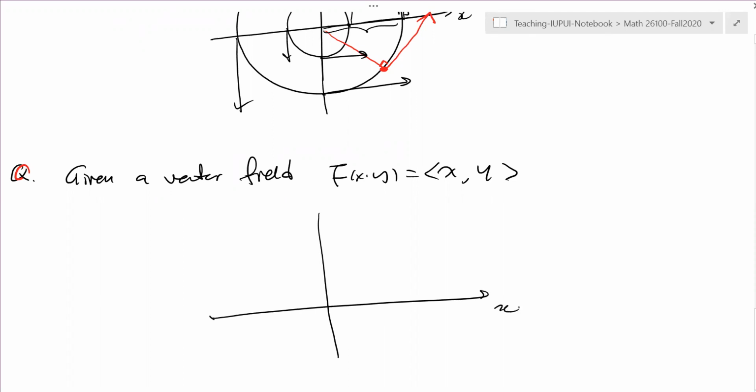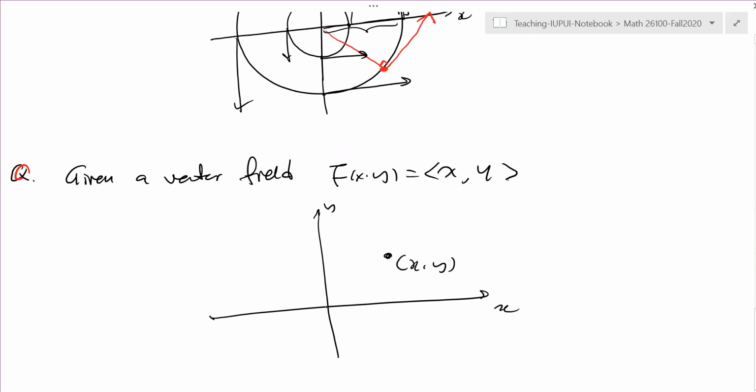At every point, this is a point x and y. This is actually a vector field. So that means the vector at x, y is given by this. So this is a vector at x and y.